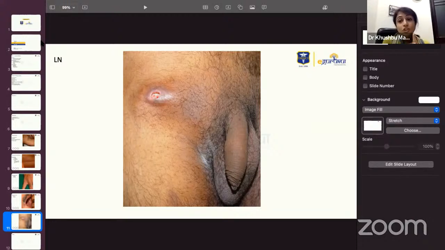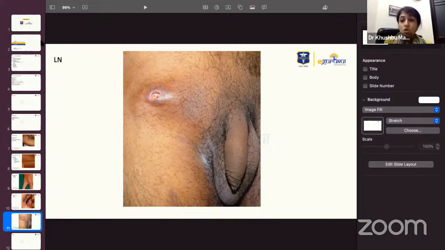If I'm talking about chancroid, it is usually unilateral and painful lymphadenopathy. Herpes is bilateral and painful lymphadenopathy.